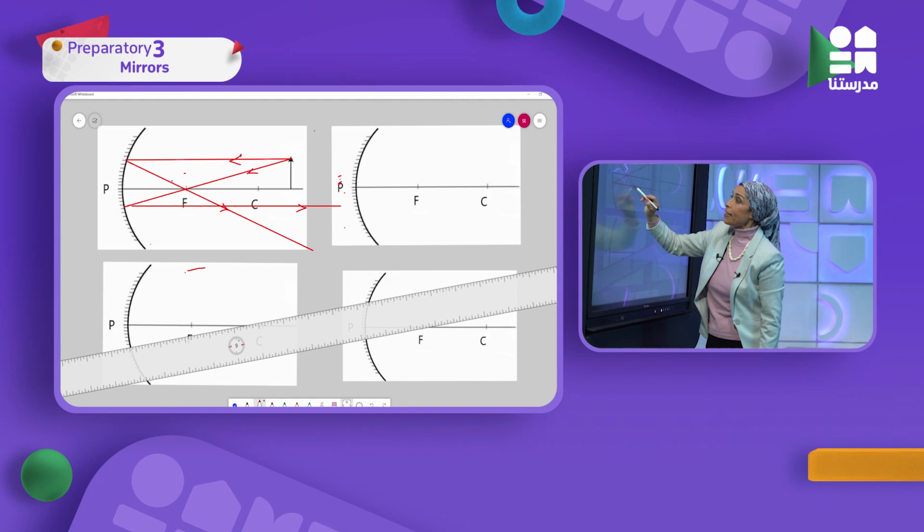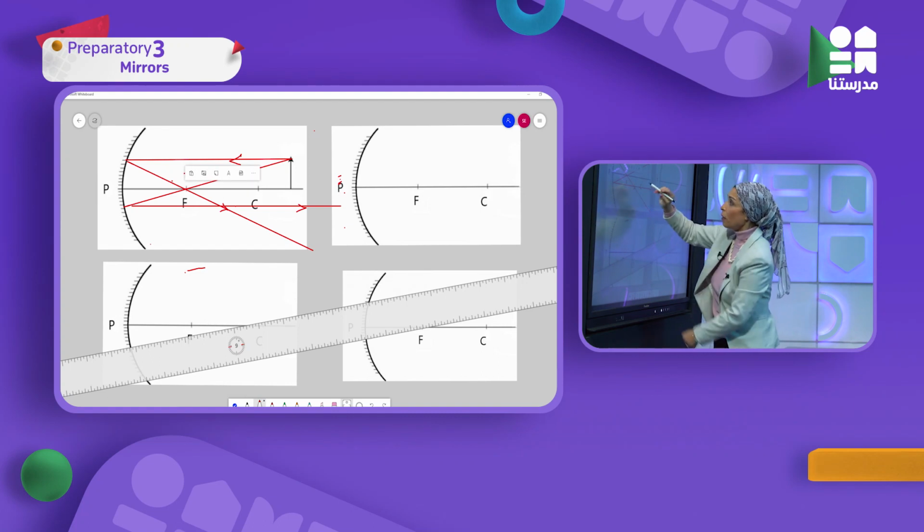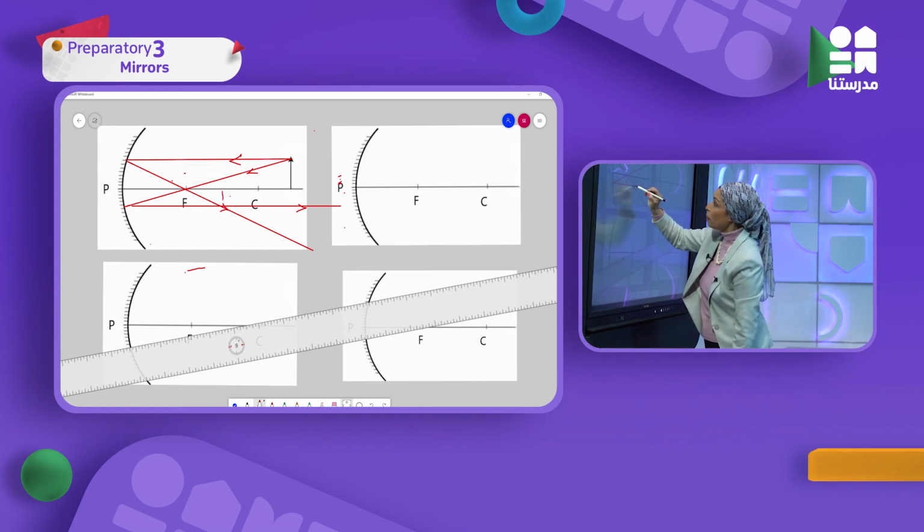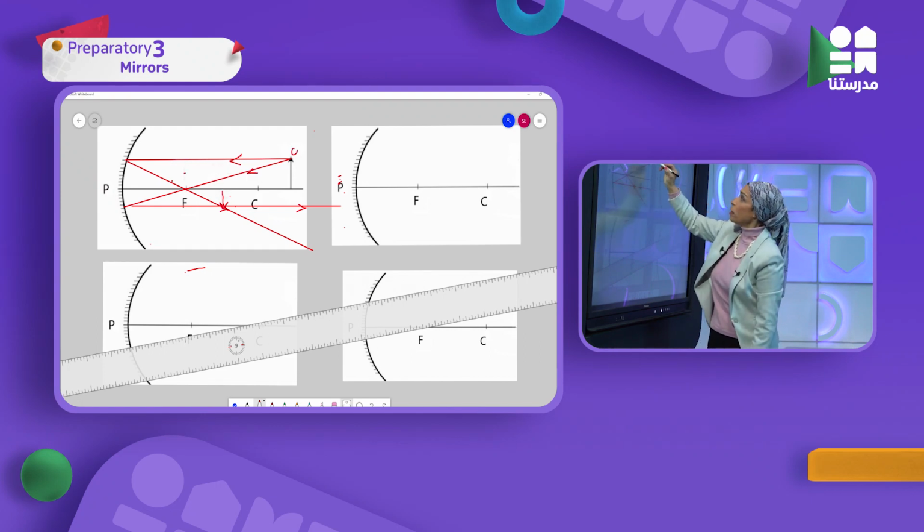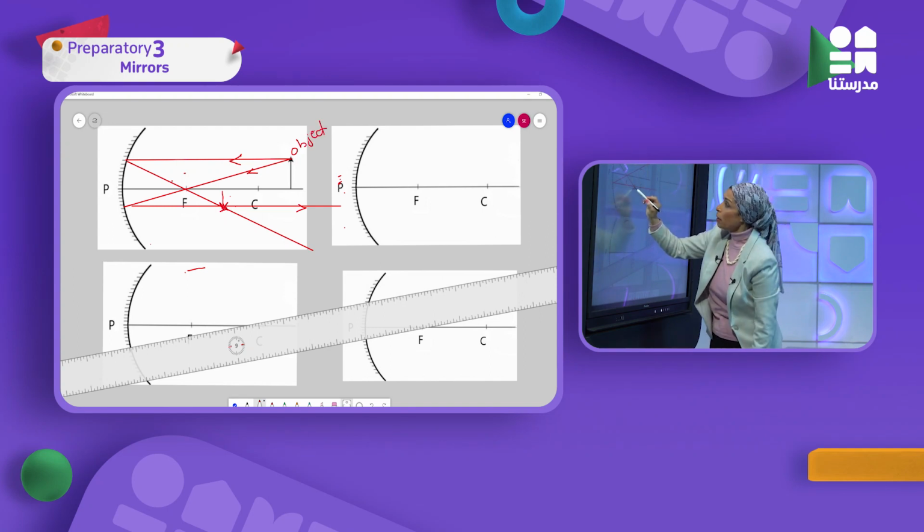Where do they intersect together? That point of intersection is where I'm going to draw the image. Put a mark at this point, this is my image, and connect it to the principal axis. Here you have to write: this is the object and this is my image.